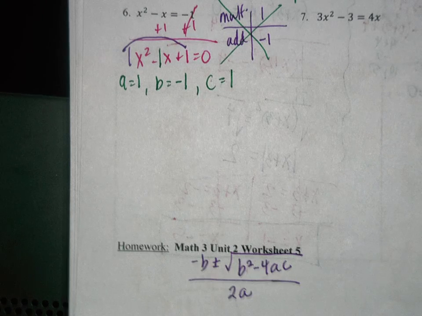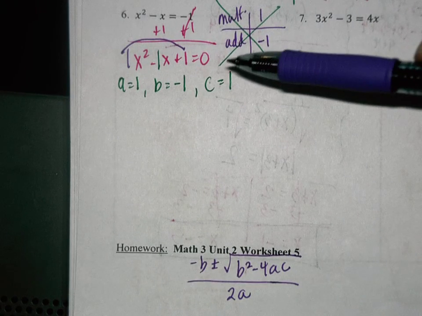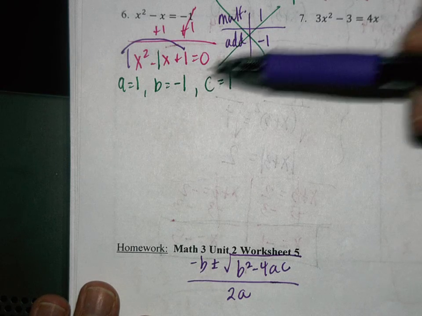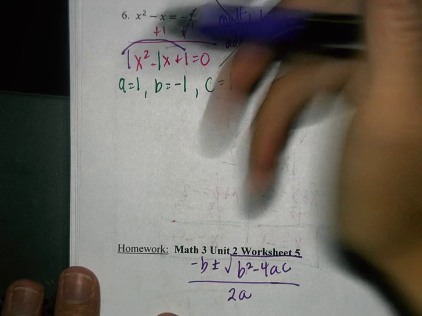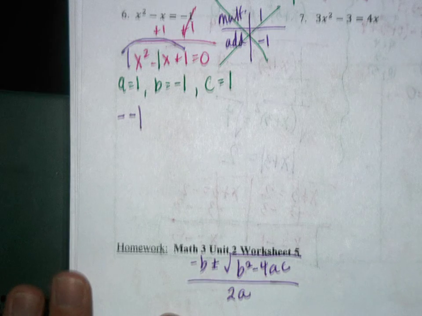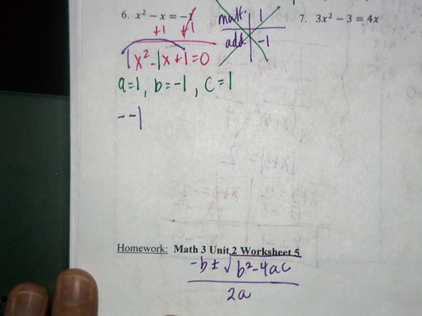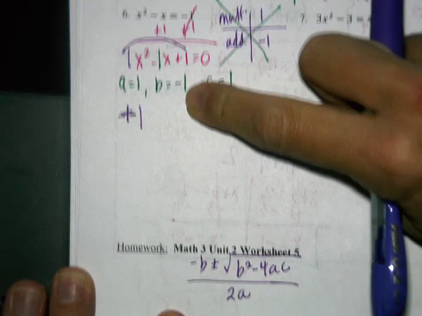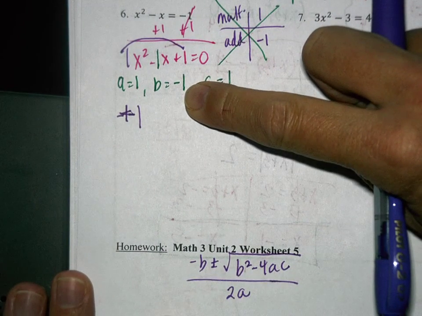So what is negative b? It'll end up being a positive 1, because if you're doing a negative b, you're going negative, negative 1. And two negatives side by side make a positive. And so when you see negative b, it means whatever b is, you're going to take the opposite of that value. Okay?